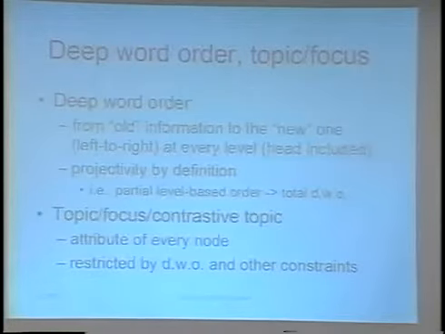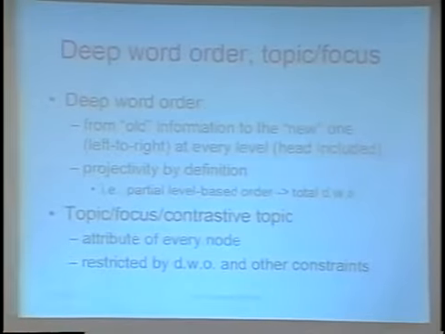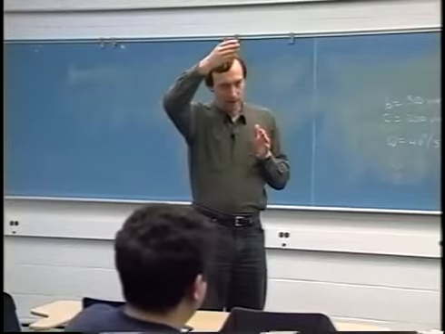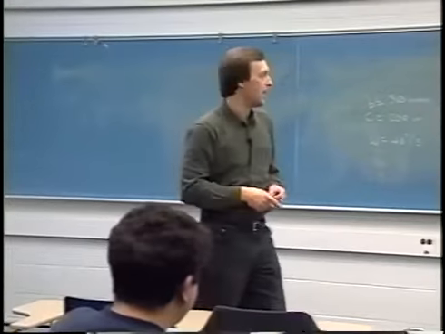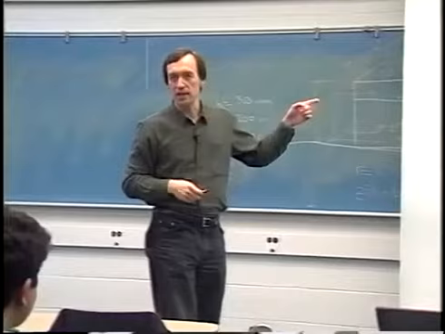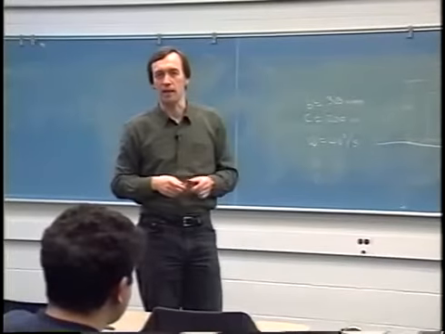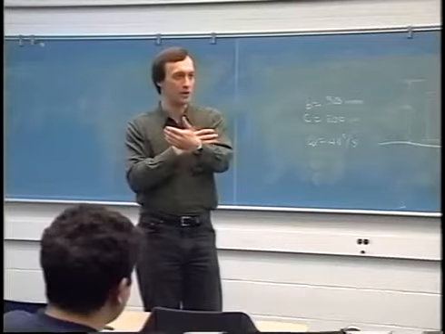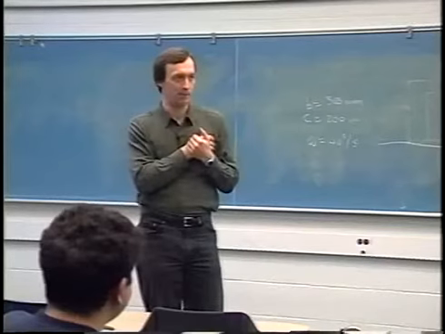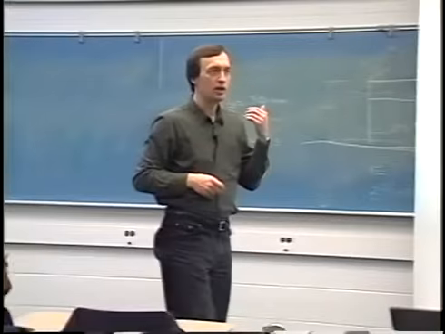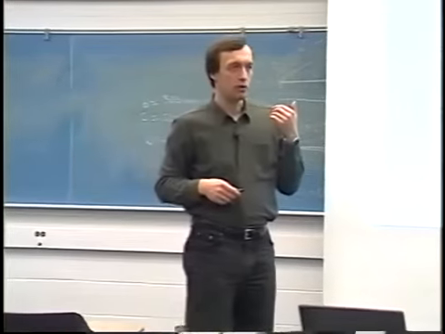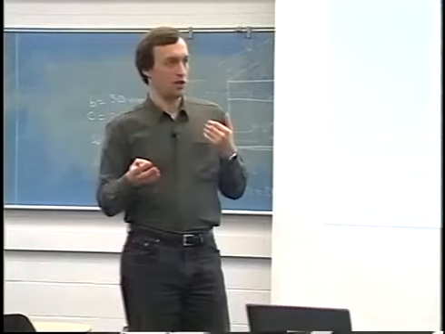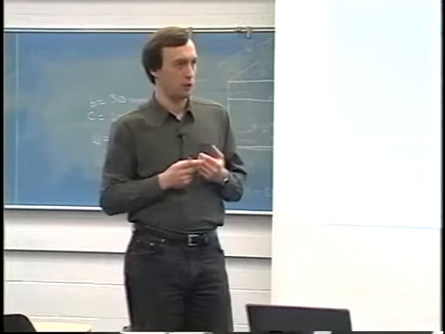A dependency above which you have some node that, if it's projected, crosses the dependency link. If we do this, we believe this doesn't happen anymore. It doesn't happen that the old information will cross with the new one in this respect. Of course, that way we get rid of the original word order. So the deep word order is really the information order. It has nothing to do with the surface word order.